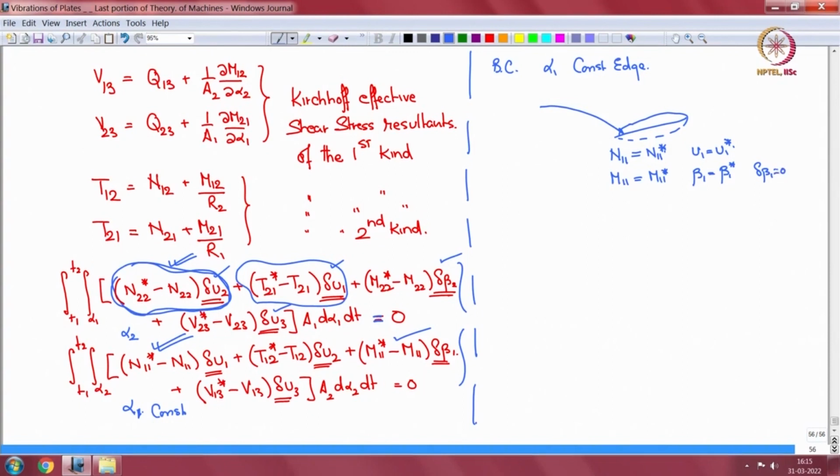Similarly, V13, the first kind shear, is equal to what is applied exterior, or U3 is specified. Similarly, T12 is what is applied exterior to the structure, or U2 is specified.